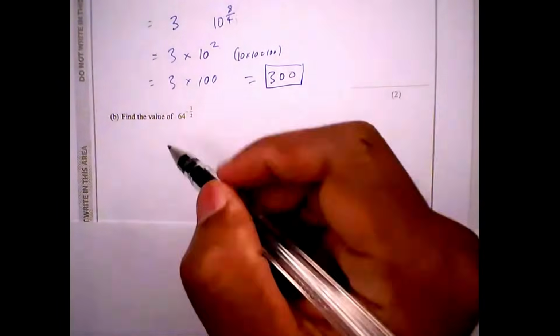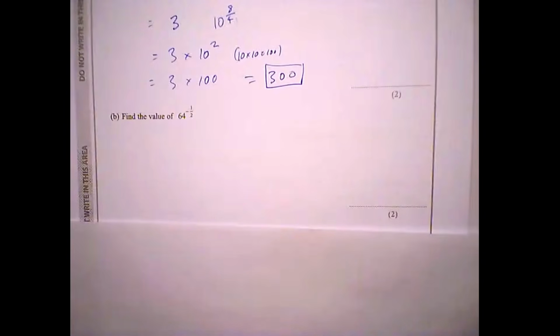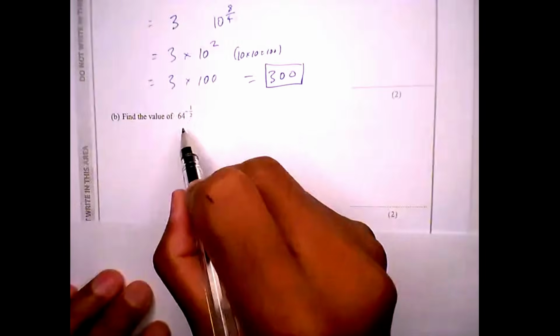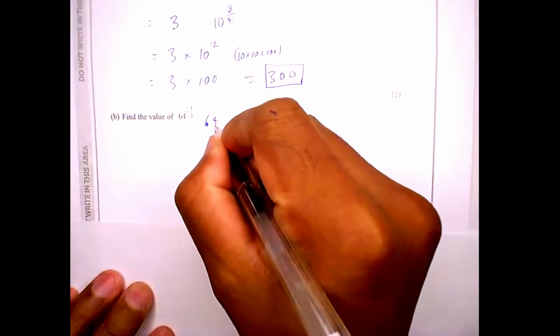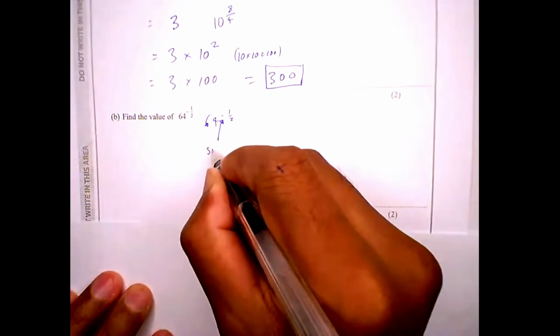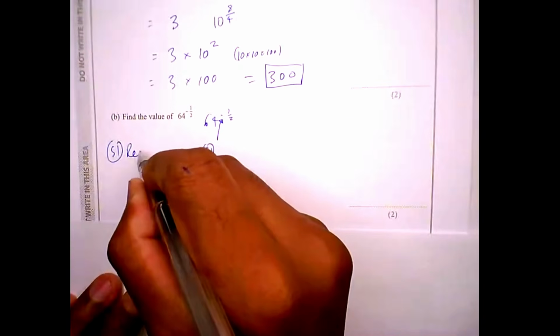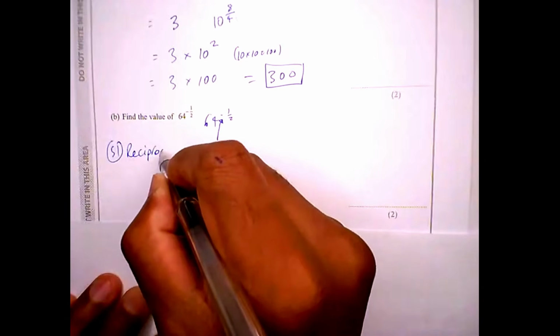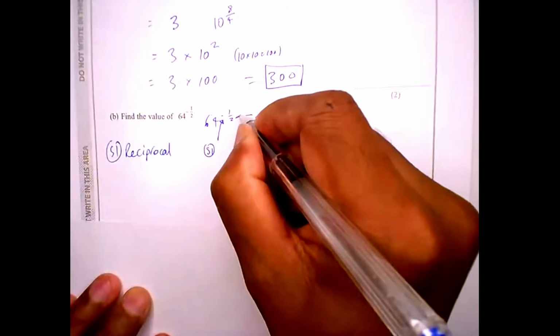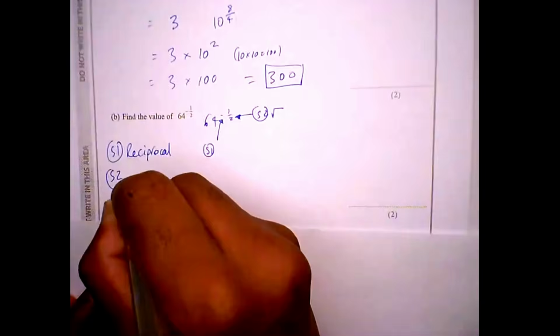Again, if you haven't answered, press pause. Okay, so here we've done this previously, so we want to find the value of 64 to the power minus a half. Okay, so I've got a negative, so my step 1 is reciprocal. And step 2 is, this is a half, and so half is going to be square root.